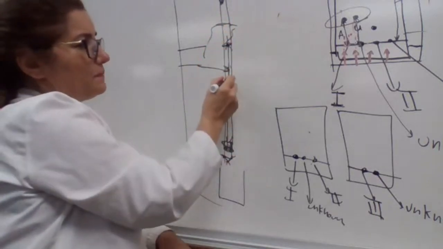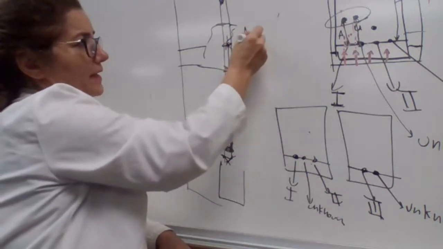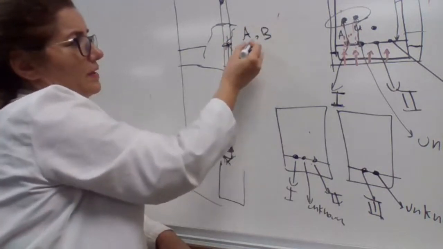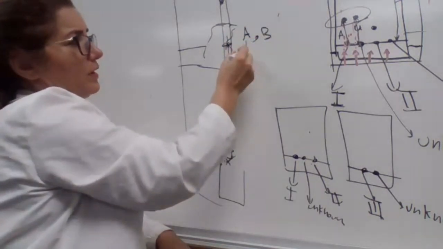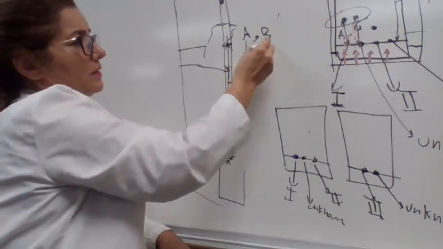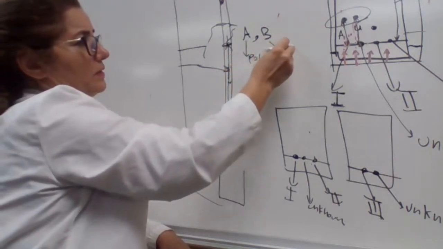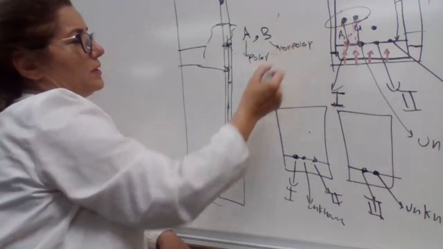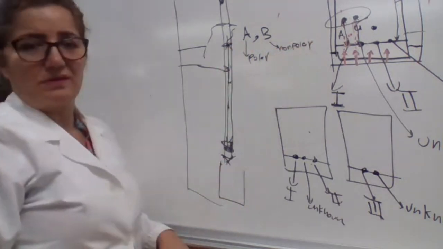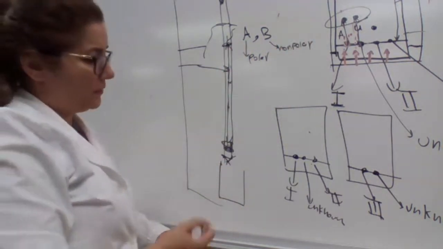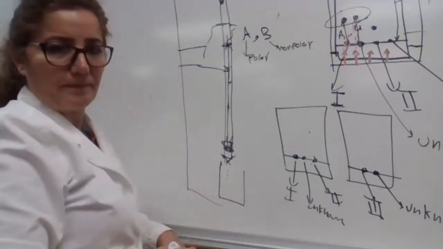So if this is polar, your compound A and B in the mixture, if A is polar, B is non-polar. Which one would move faster, A or B? Which one would come out first?